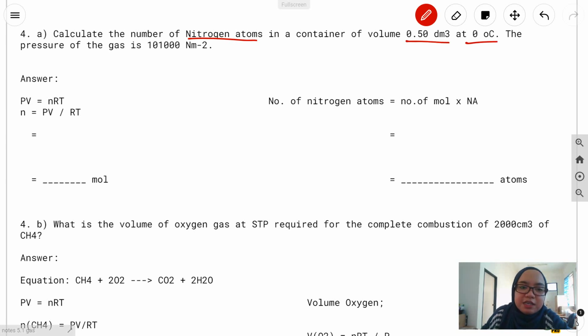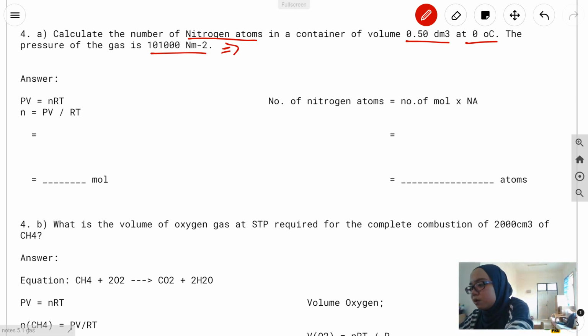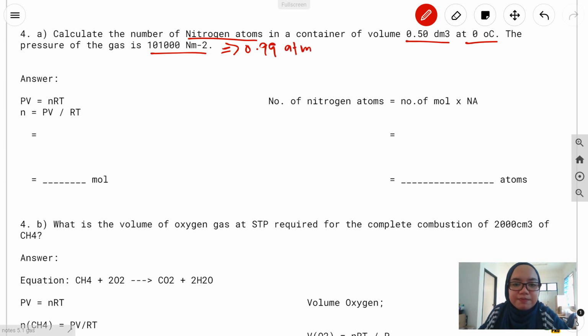The pressure of the gas is 101,000 Newton per meter squared. So when we convert this, we get how many? 1 atm if I'm not mistaken. We got 0.99 atm. Okay.